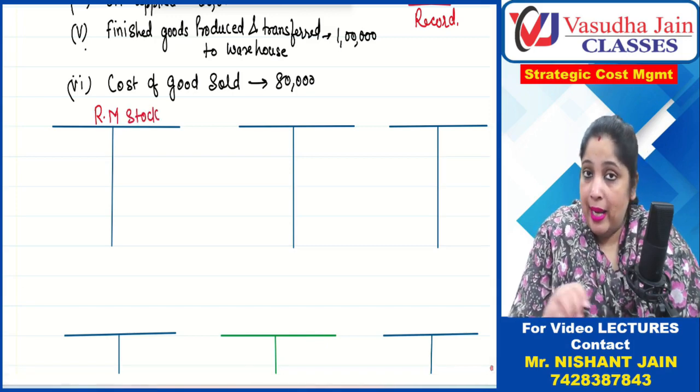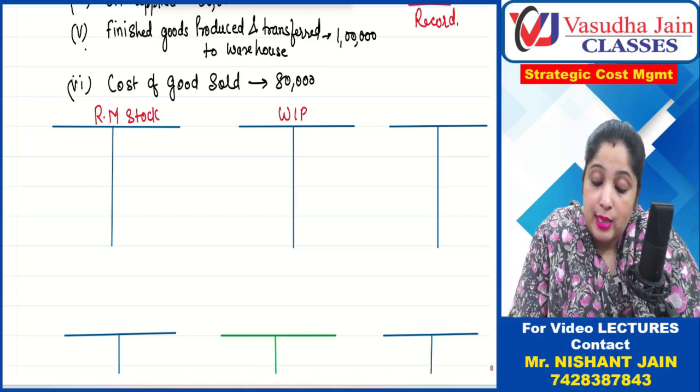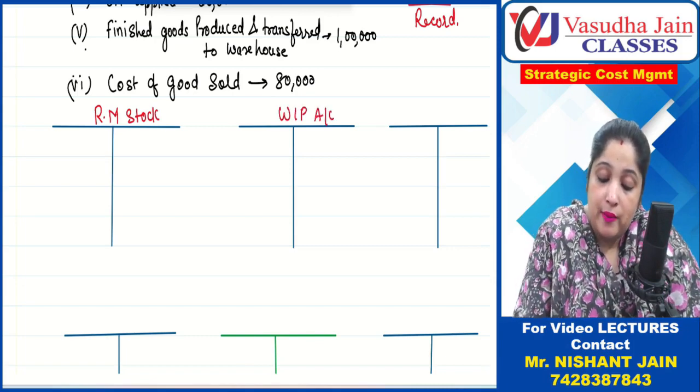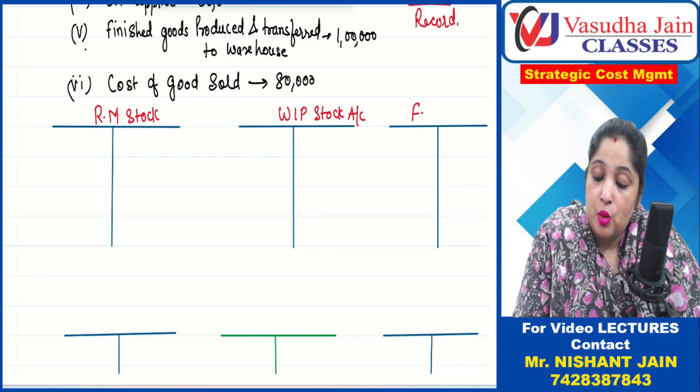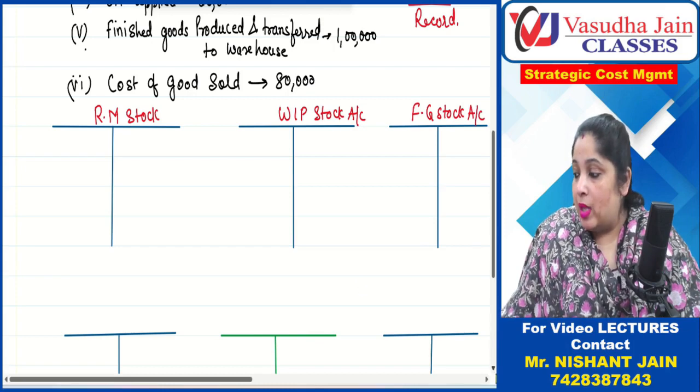The main 3 accounts which we make in our cost accounts are the work in progress account, or you can say work in progress stock account, and we make the finished goods stock account. These are stocks, so these are assets, right?